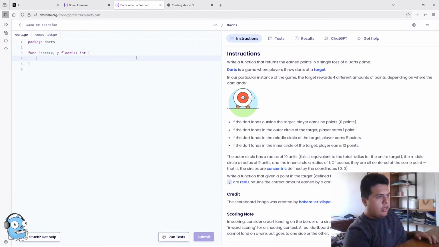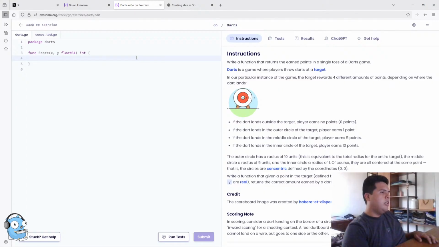The outer circle has a radius of 10 units. This is equivalent to the total radius of the entire target. The middle circle has a radius of 5 units, and the inner circle a radius of 1. Of course, they are all centered at the same point. That is, the circles are concentric, defined by the coordinates 0, 0.